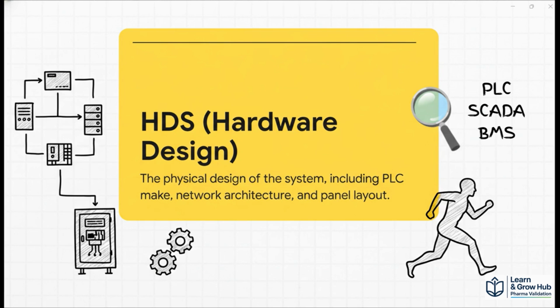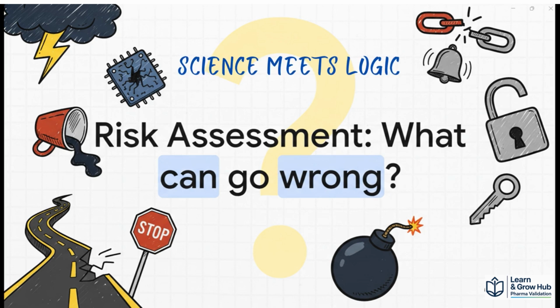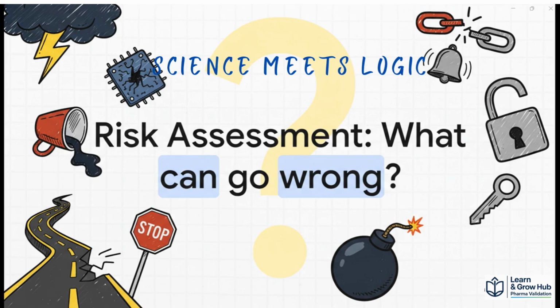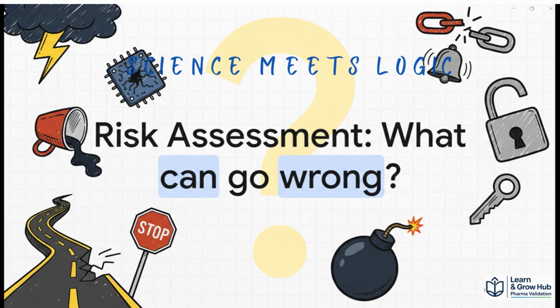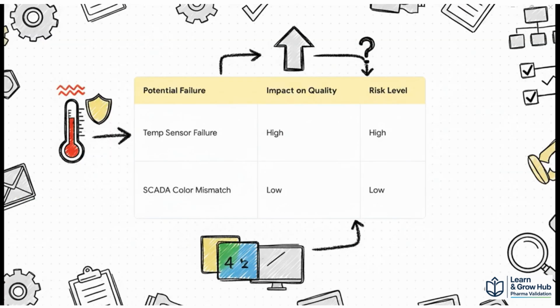Before we move to testing, we must perform a risk assessment. This is where science meets logic. We ask ourselves what can go wrong and what impact it will have on product quality. For example, if a temperature sensor fails, that is a high risk.